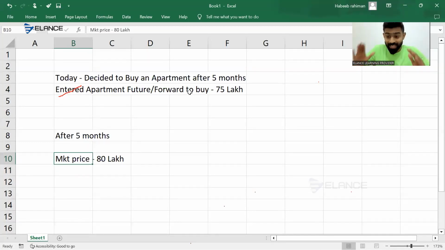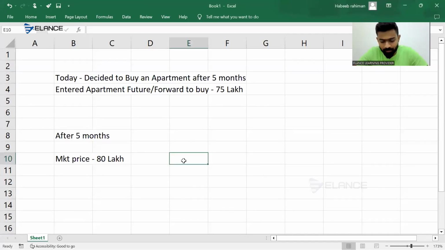We could buy the 80 lakh worth property at what price, since we already locked the rate? Please respond. We could buy the apartment at 75. We'll be happy. The final payment will be, once again, 75 only.